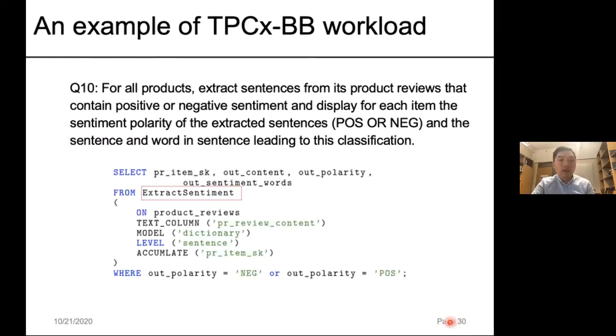So the TPCx-BB queries are implemented by Hive queries with MapReduce, NLP, and machine learning programs. Take Query 10 as an example.